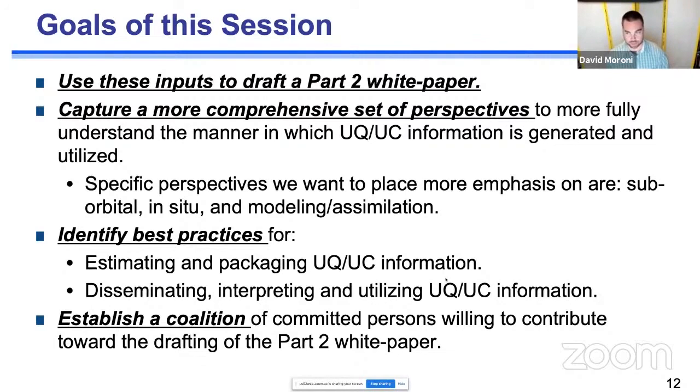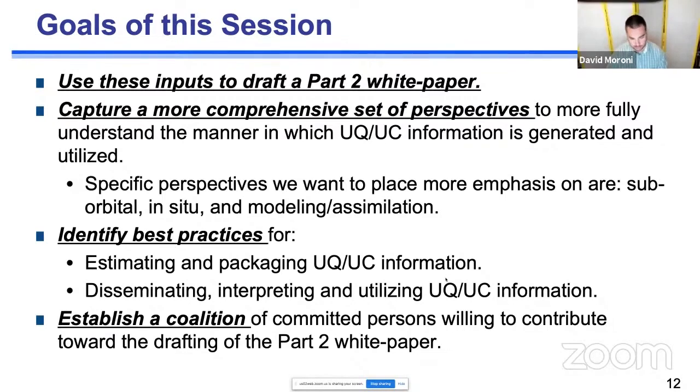This will help us more fully understand how UC information is both generated and utilized in a broader context than what we did previously. Some perspectives we want to place more emphasis on today are, as I mentioned in the first session, suborbital in situ modeling and data assimilation. The third objective is to identify best practices, both for the estimation and packaging of UC information, and for the dissemination, interpretation, and utilization of UC information.